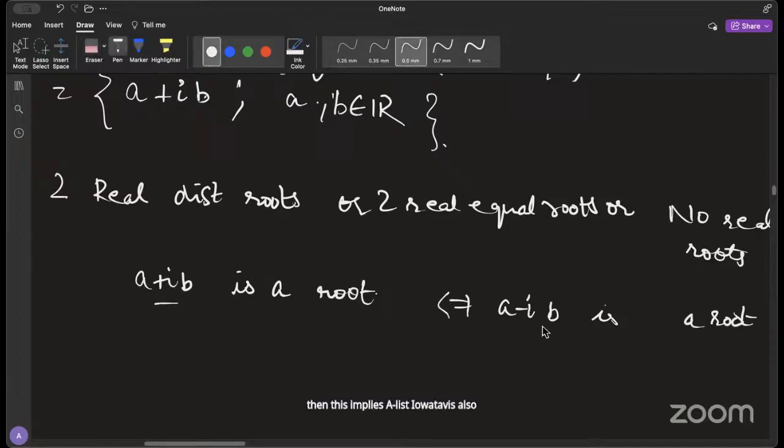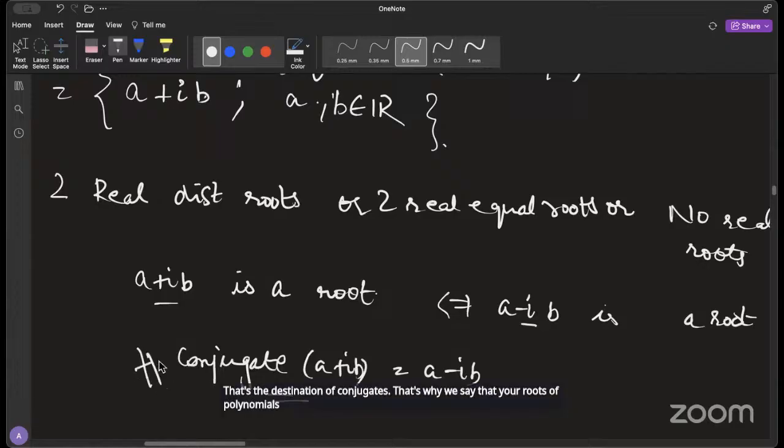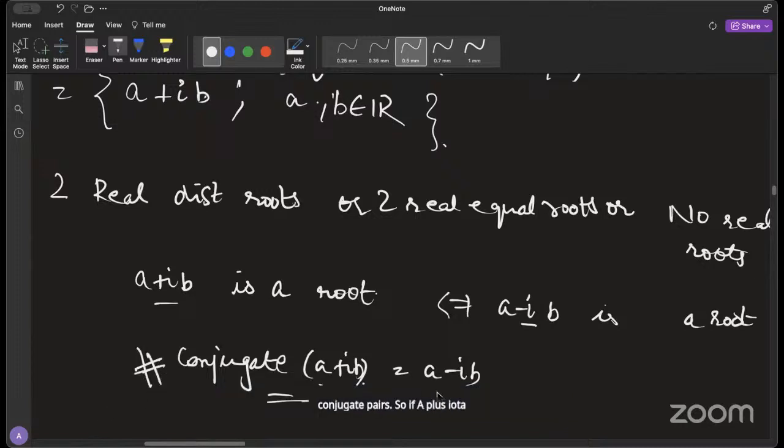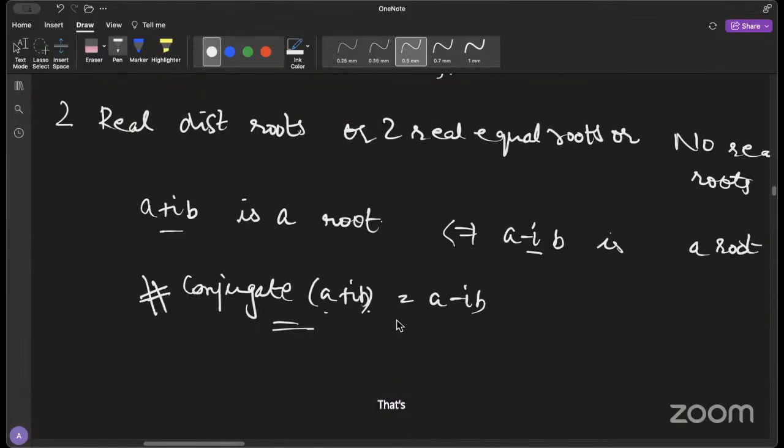These are called conjugates of each other. So your conjugate of a plus iota b is a minus iota b. That's the definition of conjugates. That's why we say that your roots of polynomials always appear in conjugate pairs. So if a plus iota b is a root, a minus iota b is also a root. That's it.